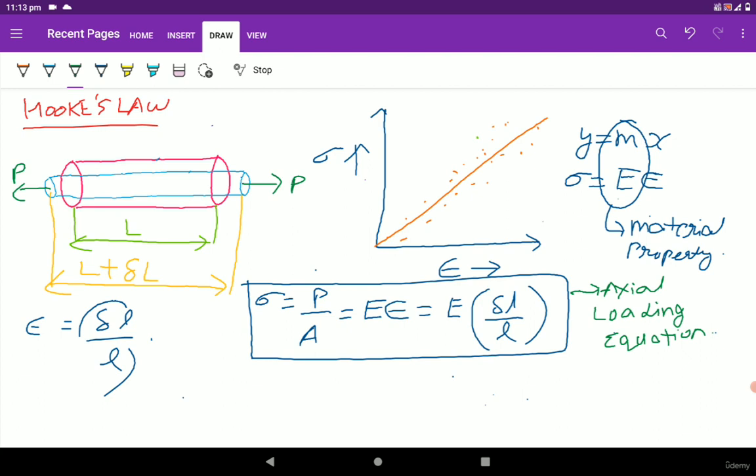Now we have talked about the nature of the stress and the magnitude of the stress. So now let's talk about the distribution of the stress. So let me clear this first.